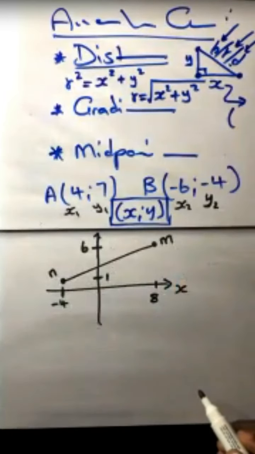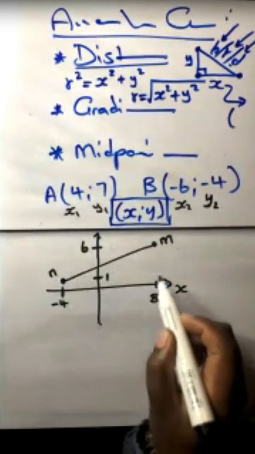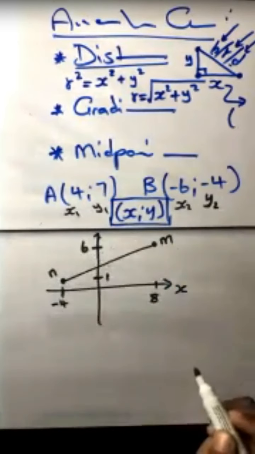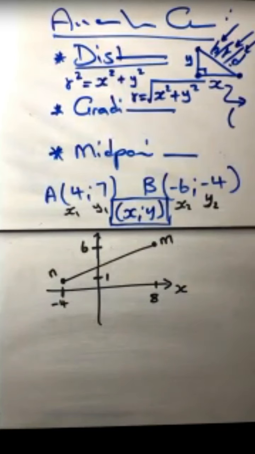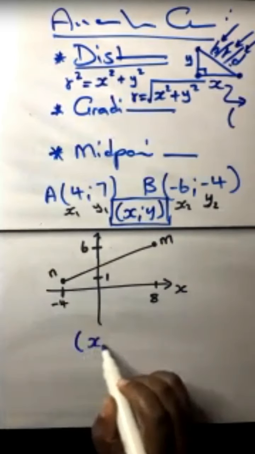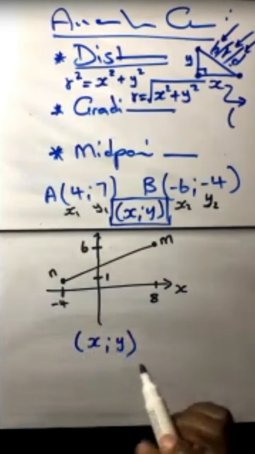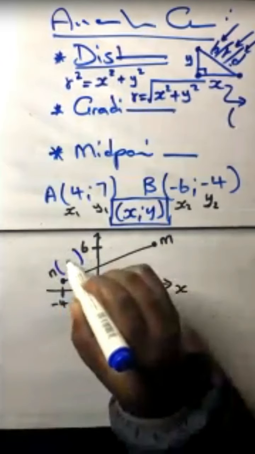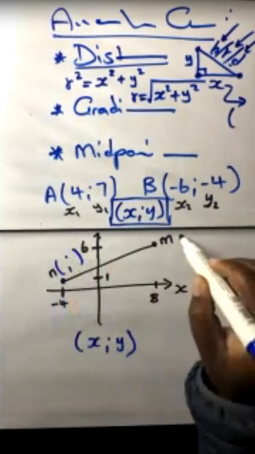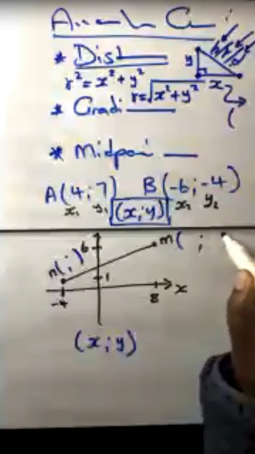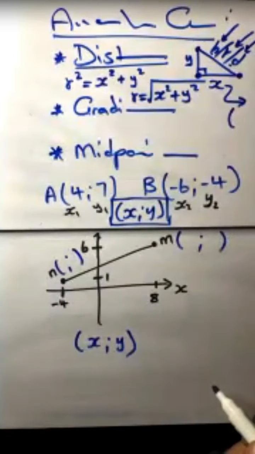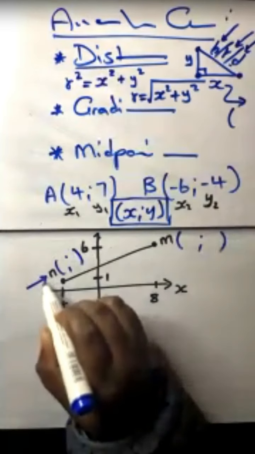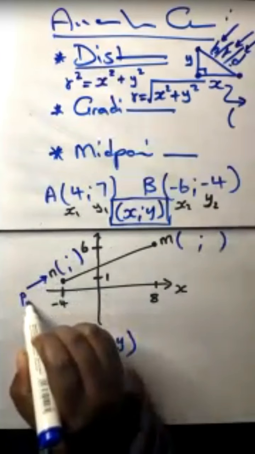So remember, guys, you need to use these given points to be able to write the coordinates. I've explained to you that at all times the coordinates are in the form of x and y. So that means you need to write the coordinates of N and the coordinates of M. So just so that you don't get confused, guys, that letter represents a point.